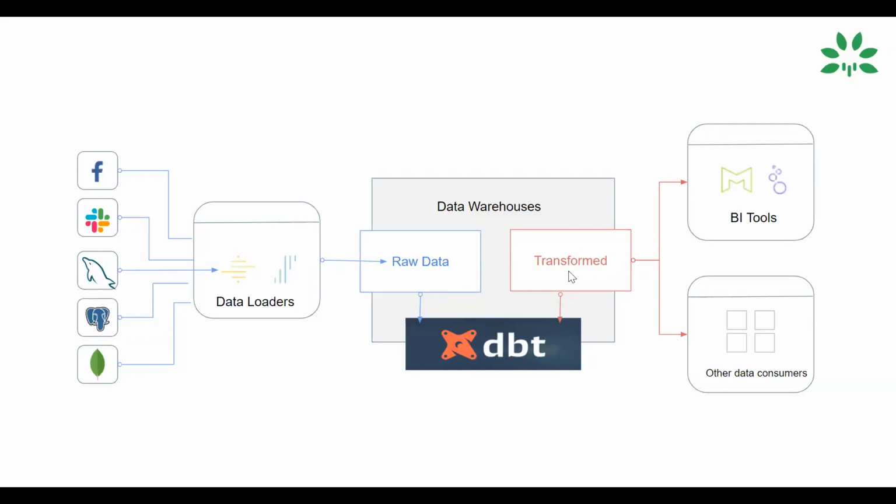It does the transformation and makes it into the format in which it can be consumed through your BI tools or any other systems which would want to consume this data. So that is how this pipeline flows or handles the data as an ELT and makes the data useful for consumption.